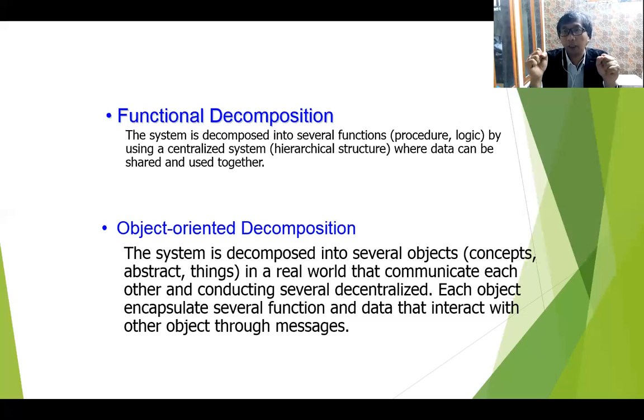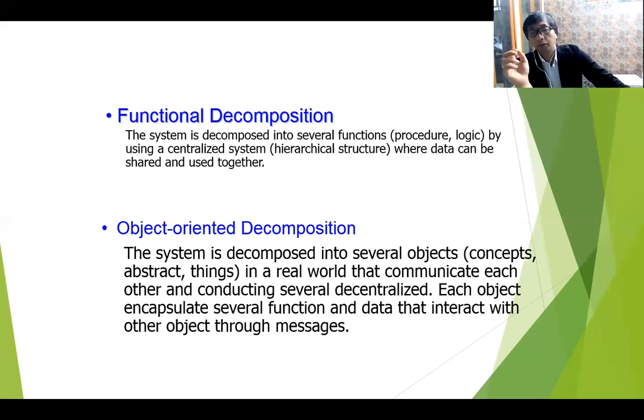So each object is responsible for its own attribute and function. Objects don't have any direct relation. They have a relationship, but only limited to the sending message relationship, not accessing the data itself.